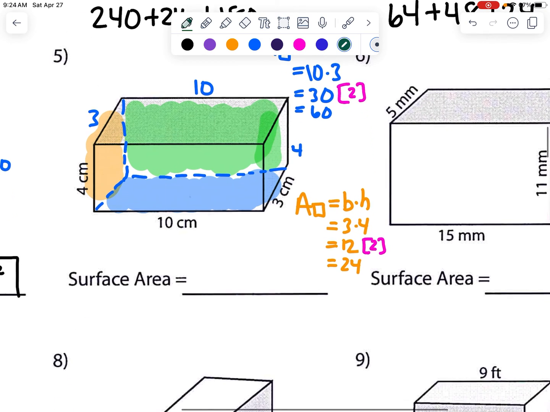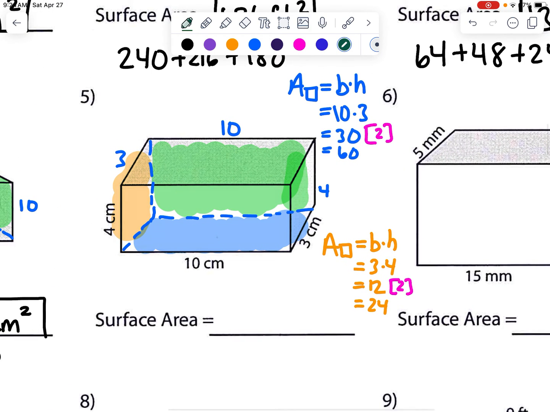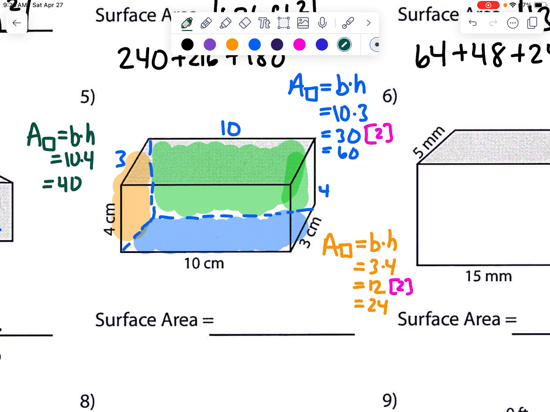Okay? So we have a 10 by 4. And here, I'm going to erase this over here on the side so I can make more space. Okay? So over here, I would have base times height, and I would have 10 times 4. 10 times 4 is 40. And if the back is 40, the front is 40. So 40 times 2 is 80.